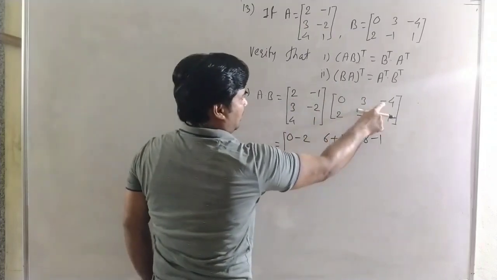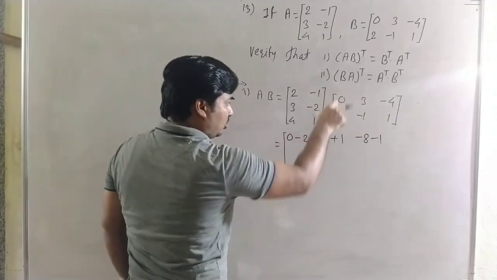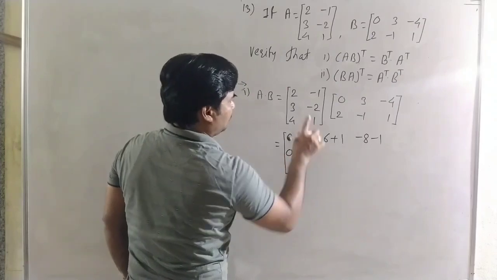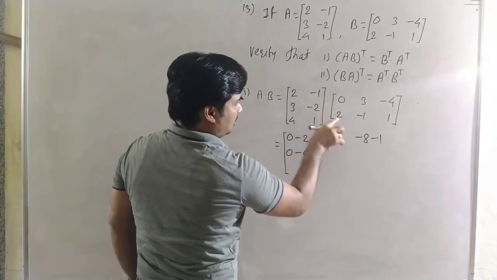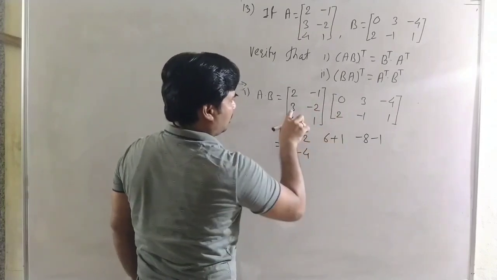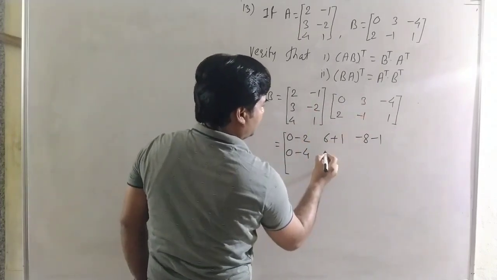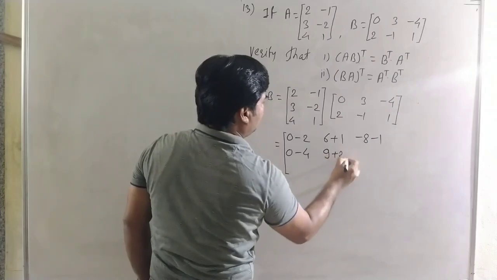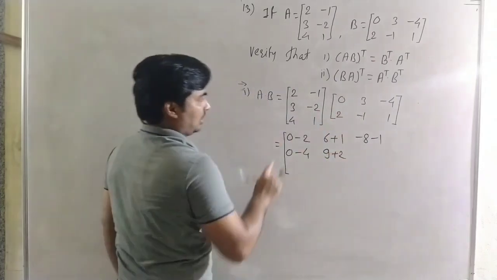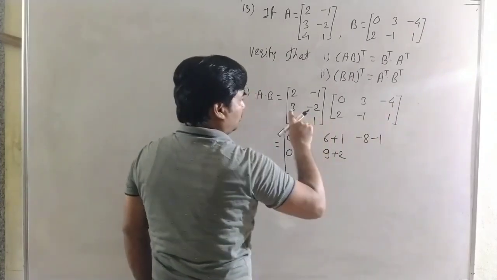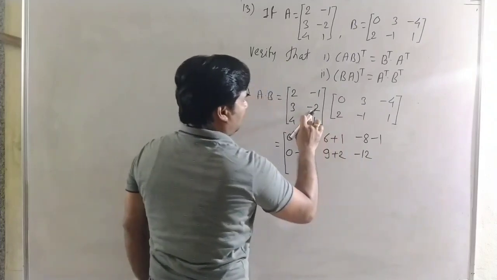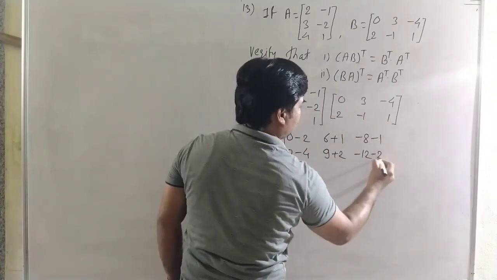Now second row, first column, it is 3 into 0 minus 2 into 2, it is minus 4. Second row, second column, it is 9 plus 2, 3 into 3, and minus 2 into minus 1 is plus 2. Now second row, third column, 3 into minus 4 is minus 12, and minus 2 into 1 is minus 2.